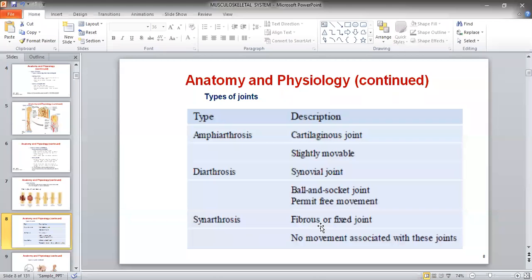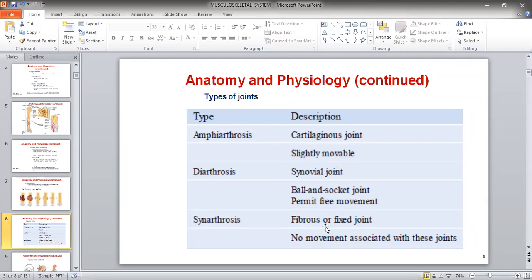Okay, so no movement associated with the joint, and this is called the fixed type. A joint is basically a combination of two or more bones together, and some types of joint are movable, some are not.